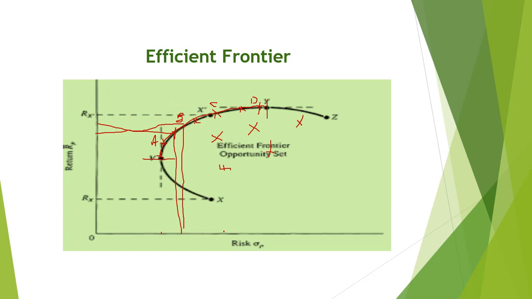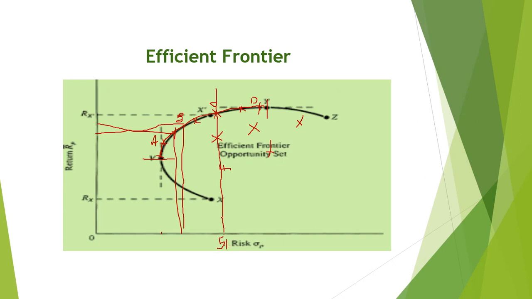What do we mean by saying that for a given level of risk we maximize our return? Say this is the given level of risk, for example 5% standard deviation.